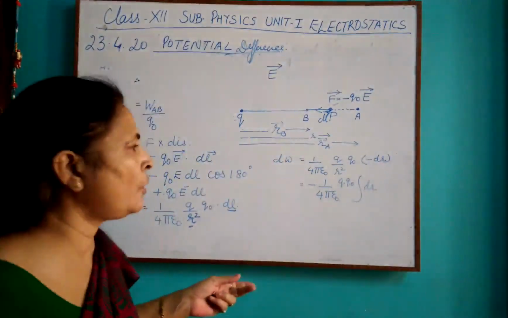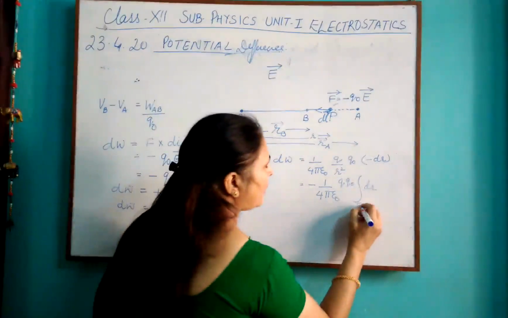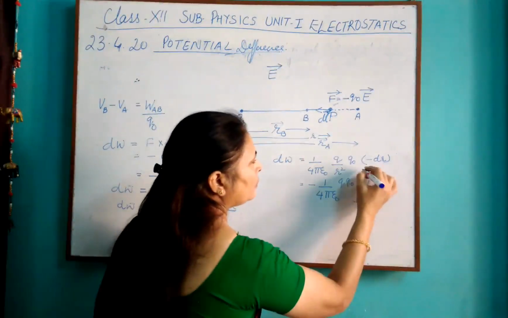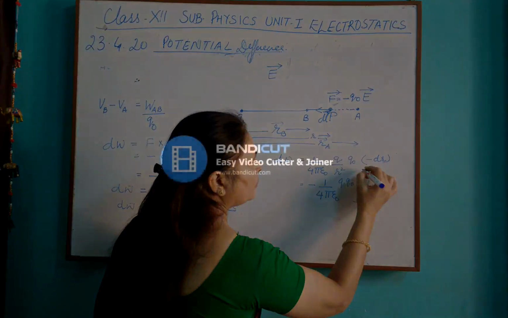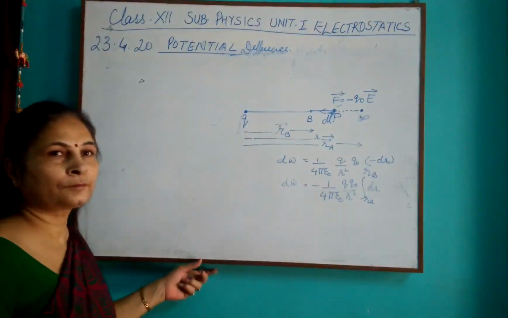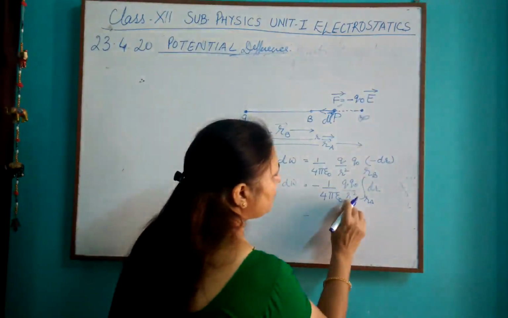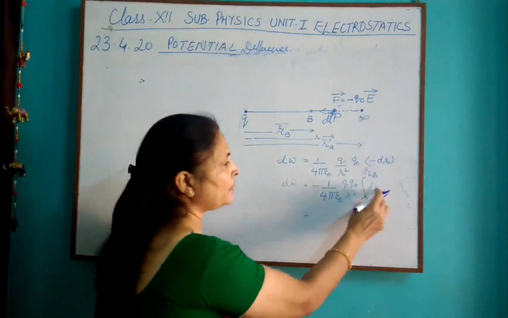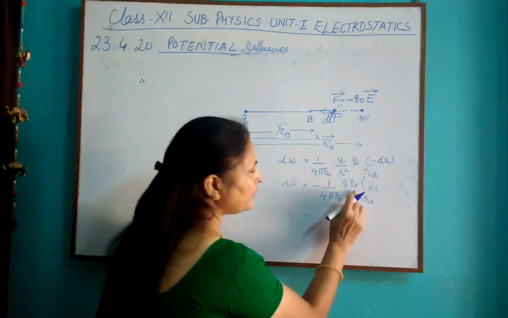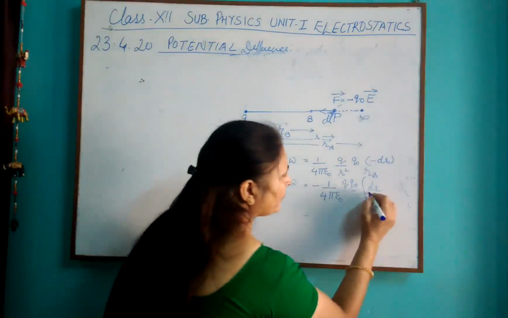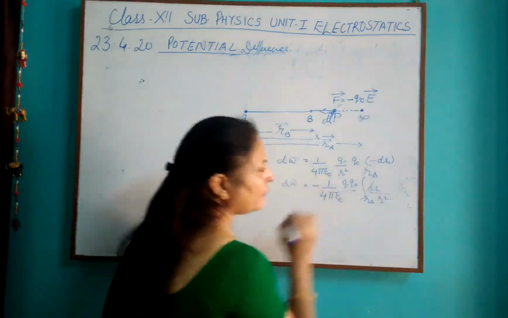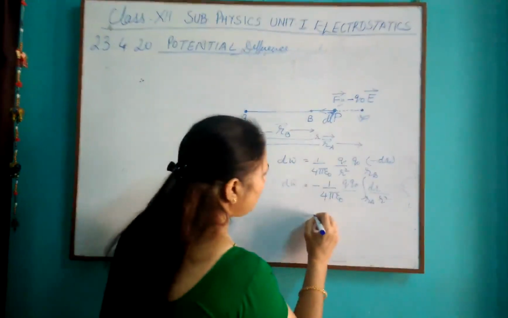And we are moving from RA to RB. So now integrating, how will you do it? Now this is not a constant, now this is variable with R. So how will you integrate?